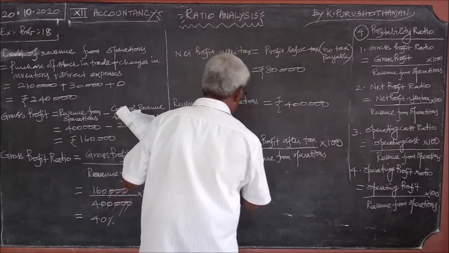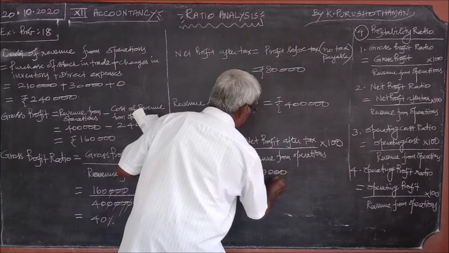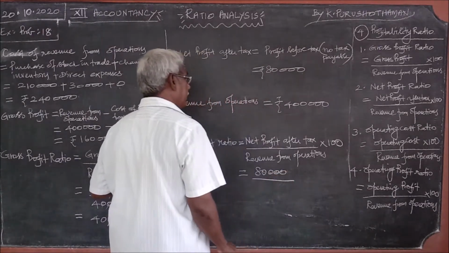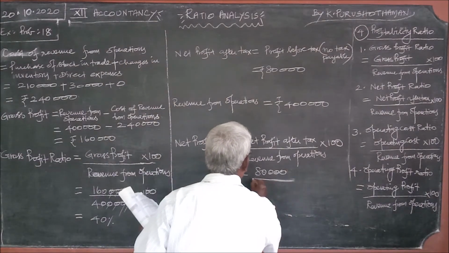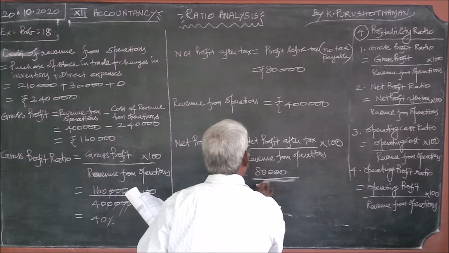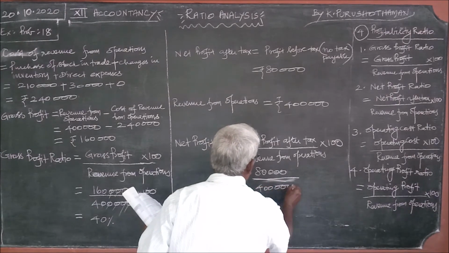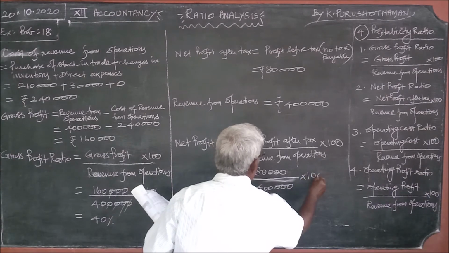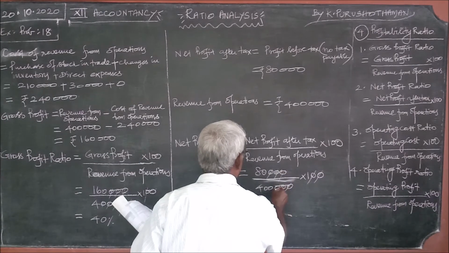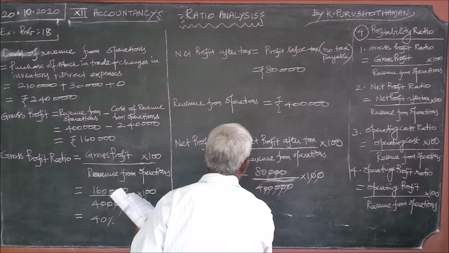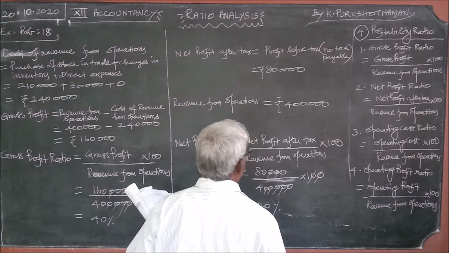So you substitute these values. 80,000 whole divided by 4 lakhs into 100, 2 zeros, and the remaining 3, 80 by 4, 20%.